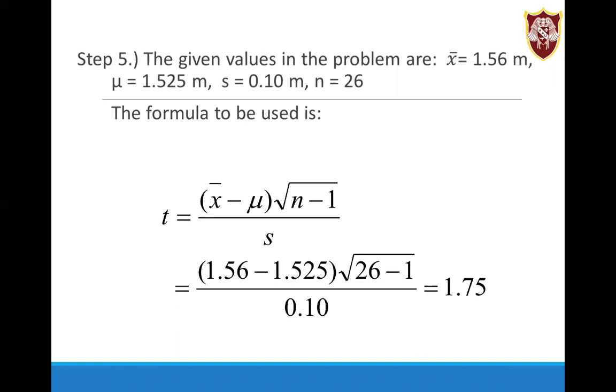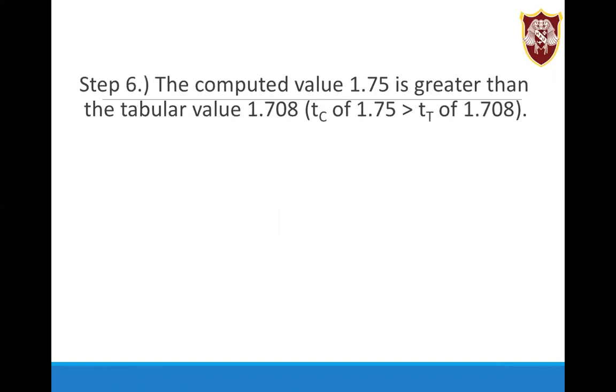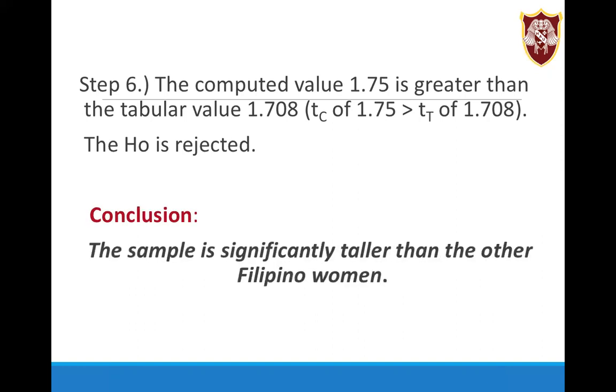So the resulting computed value is 1.75. So 1.75 is the computed value, and the other one, the tabular value, is 1.708. So again, the computed value is greater than the tabular value, so we reject the null hypothesis. So for our conclusion, we say that the sample is significantly taller than the other Filipino women.